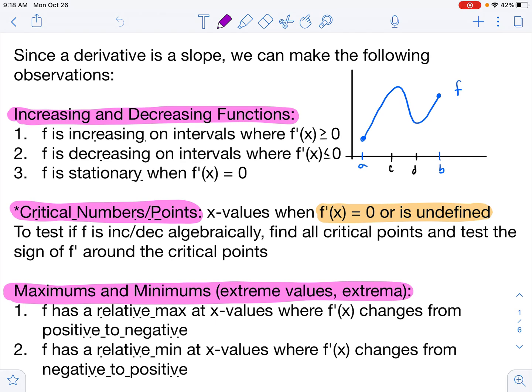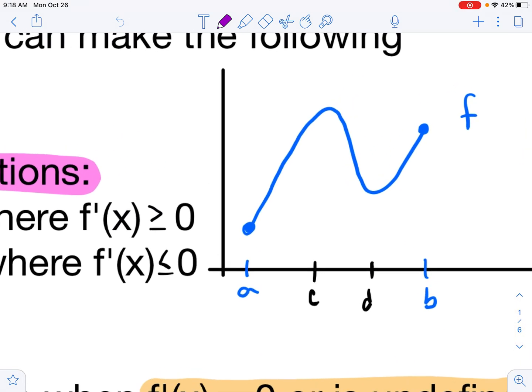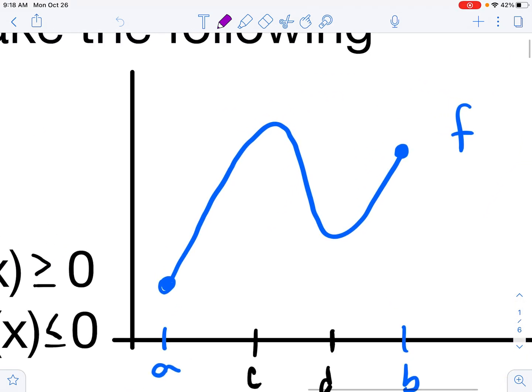Increasing and decreasing functions. F is said to be increasing on intervals where f prime of x is greater than or equal to 0. Increasing means from left to right the slope is positive. So here we can see our function is increasing, and over here our function is increasing.